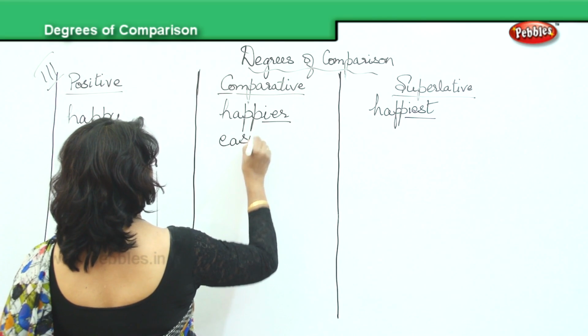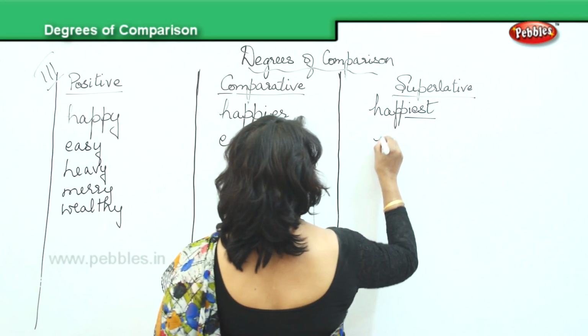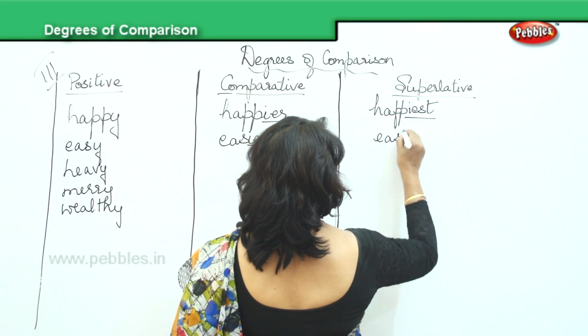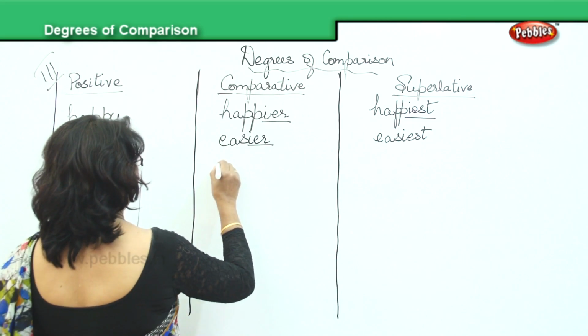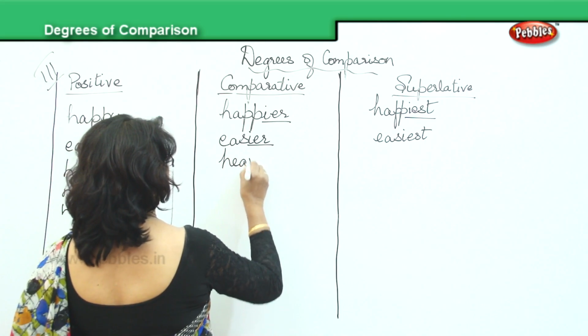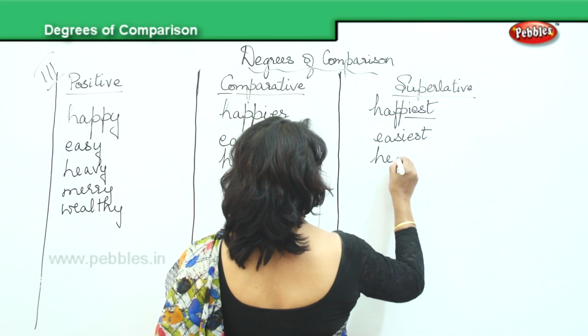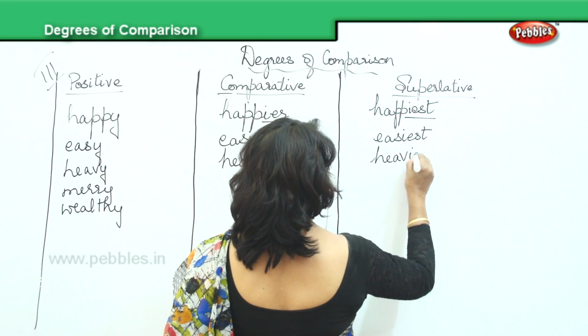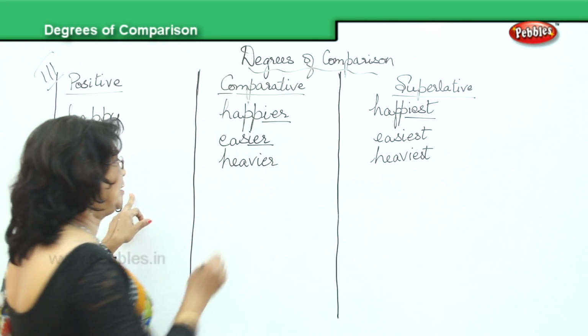Easier. Easiest. Heavier. Heaviest. Merrier.